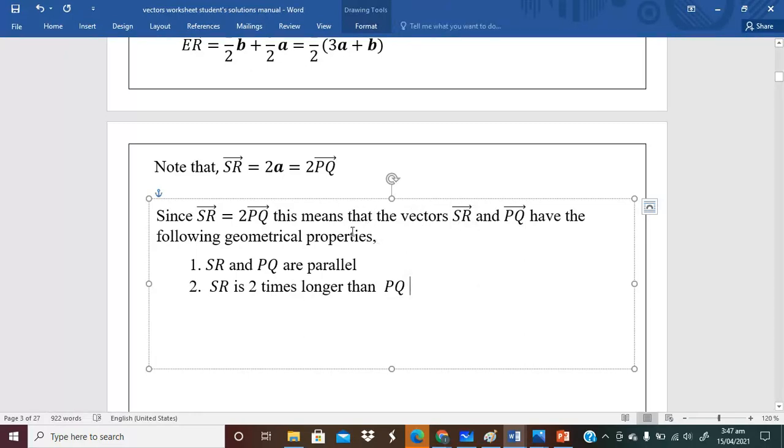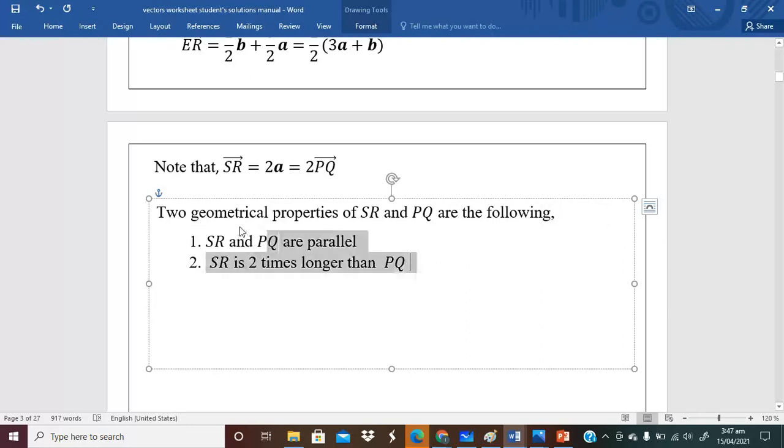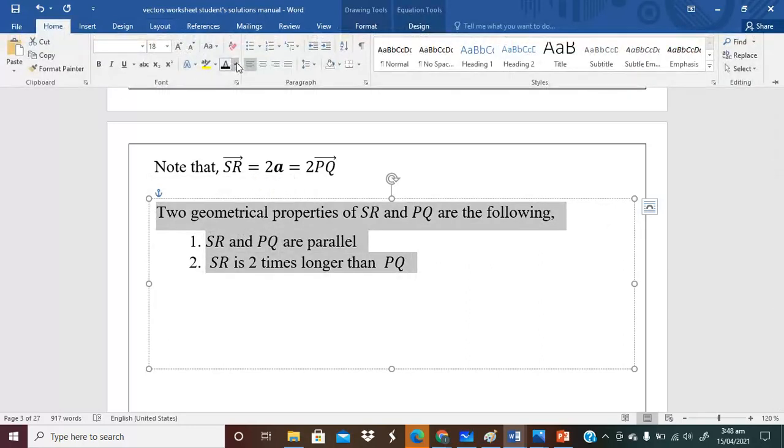Okay, so we can write two geometrical properties of SR and PQ are the following. So this is the answer, what I'm going to put in red.